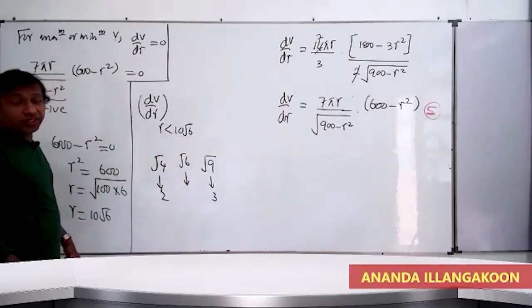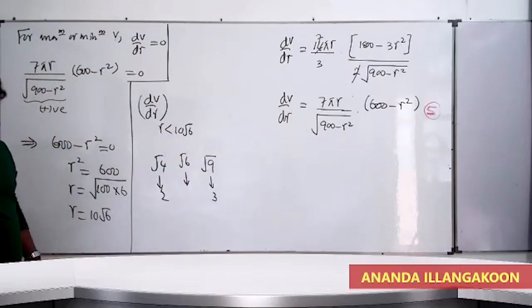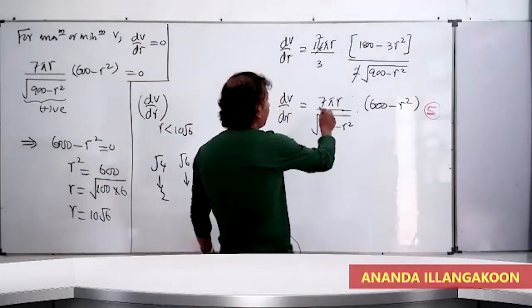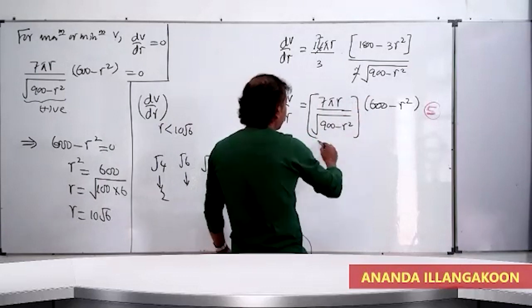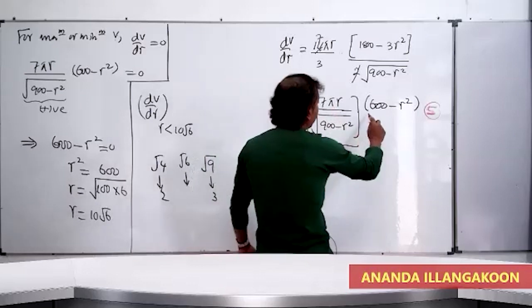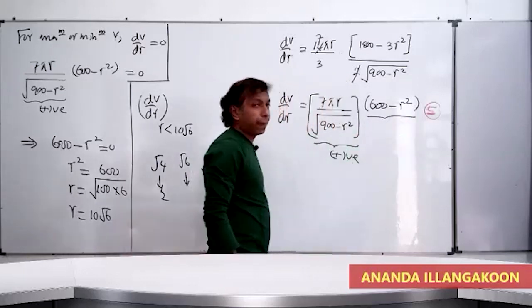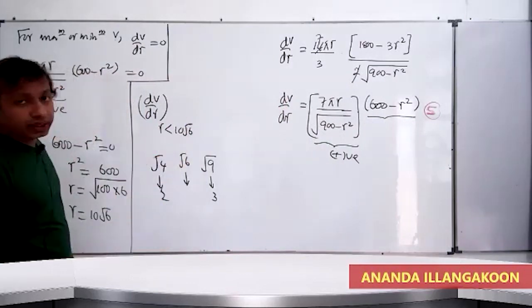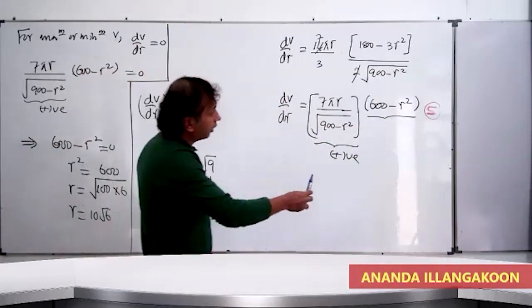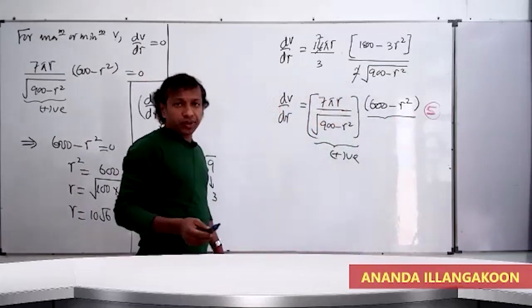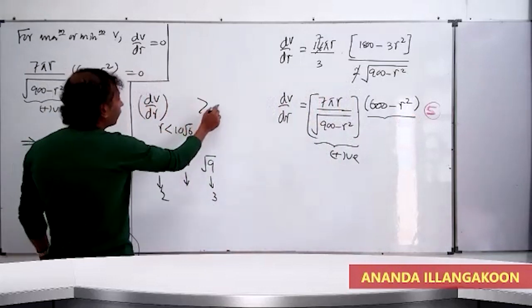Then 10 times 2.5 is nearly 25. Before 25, put a value for r, like 20. This is positive, no? The sign of dv by dr is determined by the sign of this. Substitute r as 20: 20 squared is 400, 600 minus 400 is 200. That is positive. Therefore, dv by dr is positive.